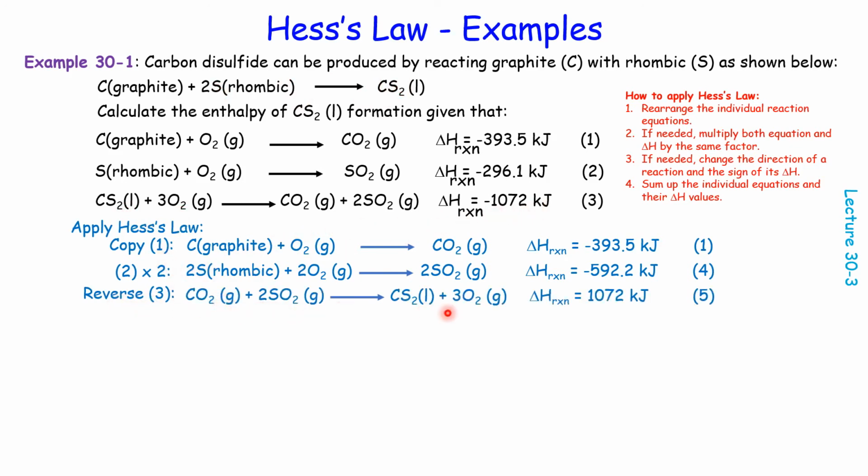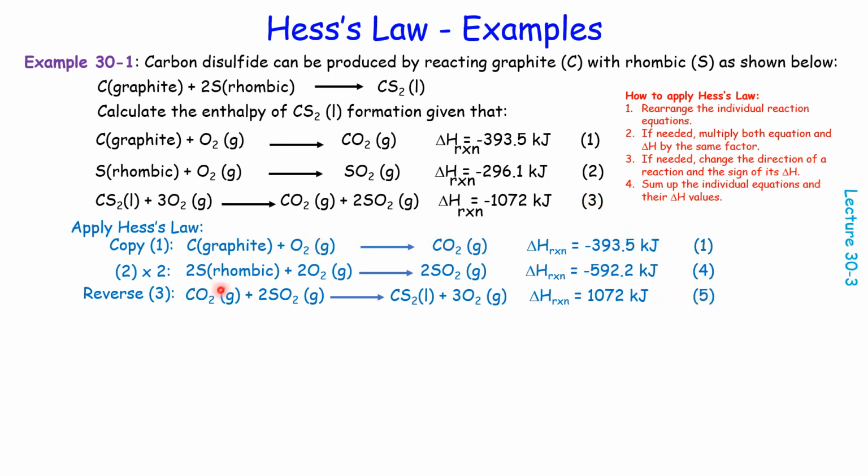But when we do that, we have to make sure we change the sign of delta H for reaction 3. So therefore, negative 1072 kilojoules becomes positive 1072 kilojoules. And this new equation, modified from equation 3, is number 5.